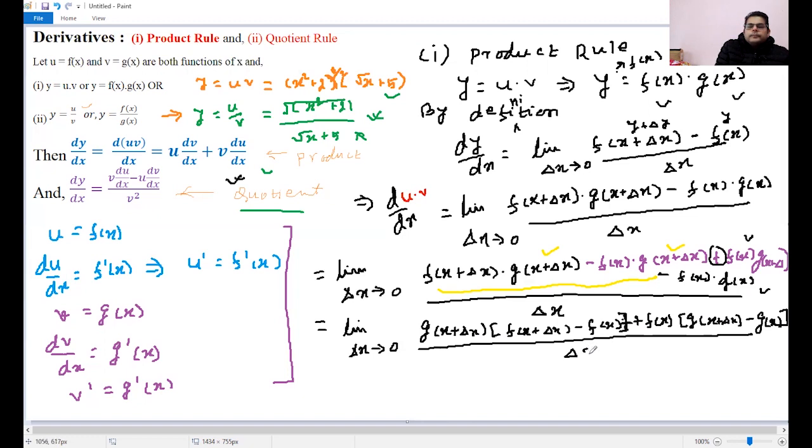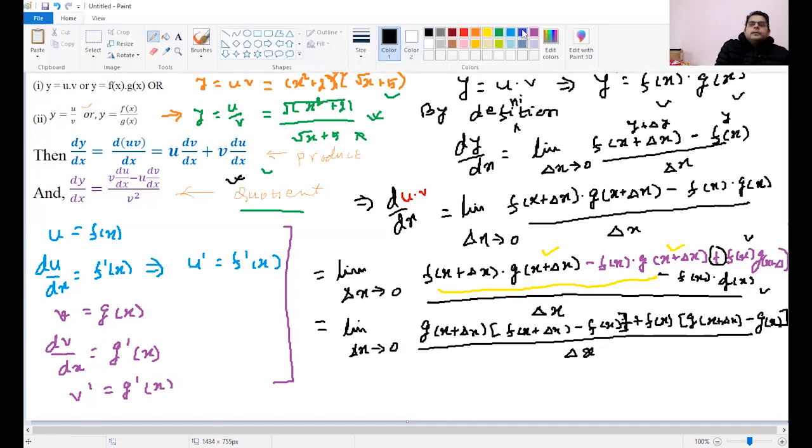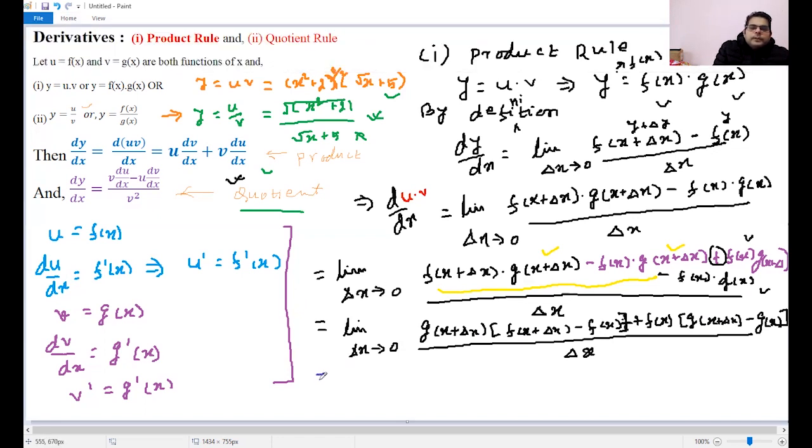Δx. And from this term, if I go further, the limit as Δx tends to 0 in this case, g(x + Δx) is here, and then inside the bracket you can write f(x + Δx) minus f(x).